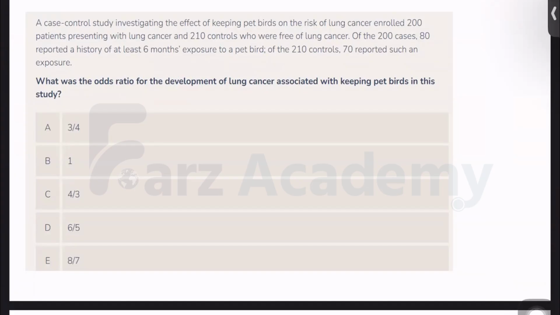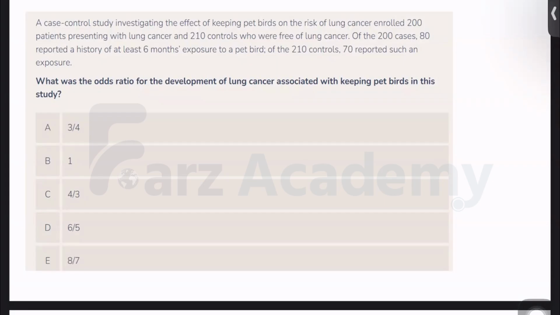Odds ratio. So, odds of event in the exposed group upon odds in the control group. So, what is the odds of exposure? 80 upon 120. 200 patients with lung cancer, so 80 upon 200 minus 80.